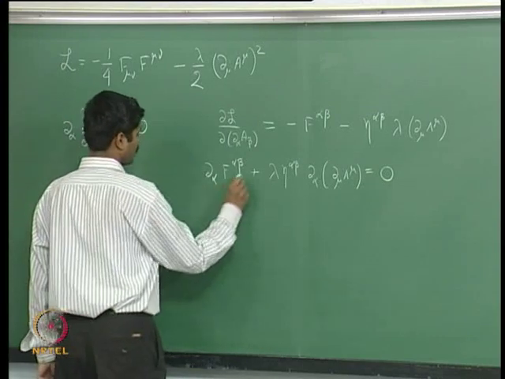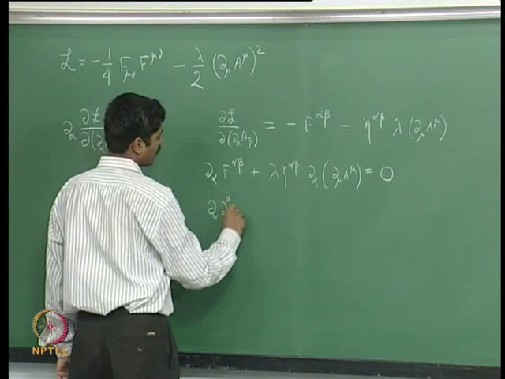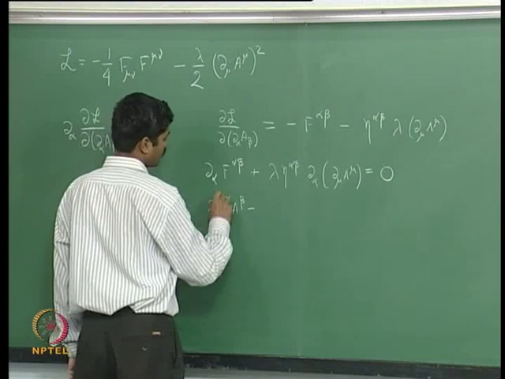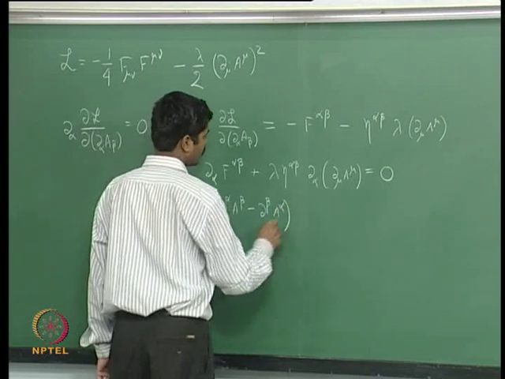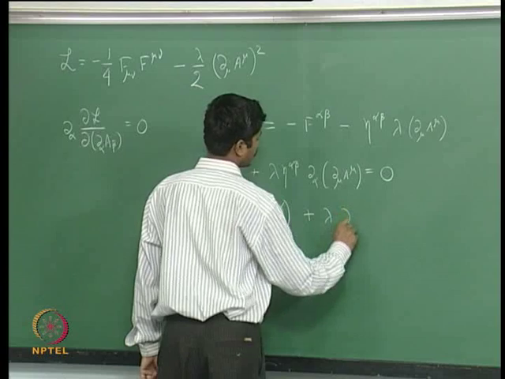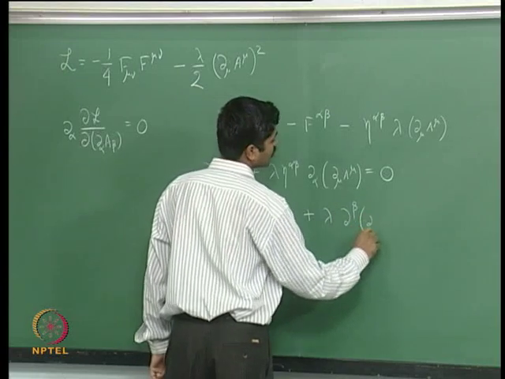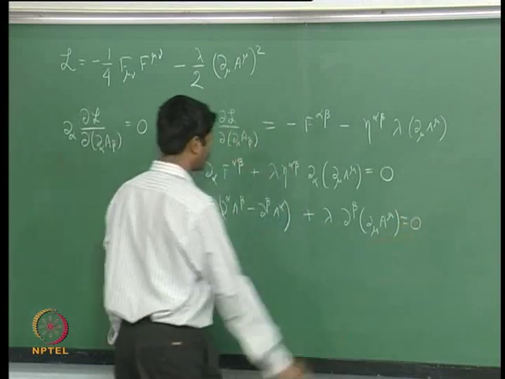So, let us work out what we get. Del alpha A beta minus del beta A alpha, plus lambda times del beta del mu A mu equal to 0.